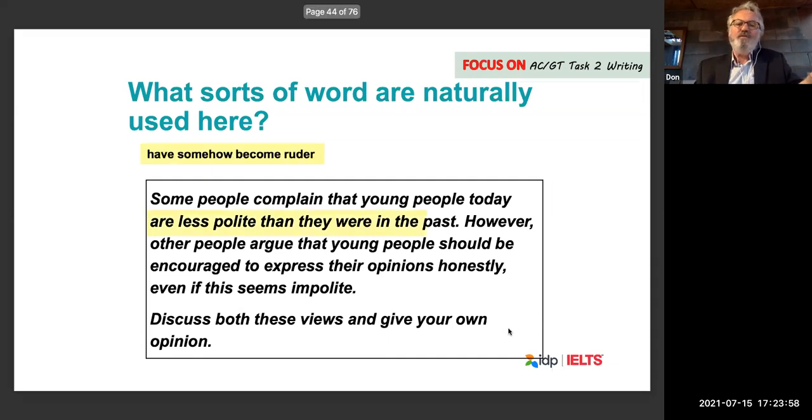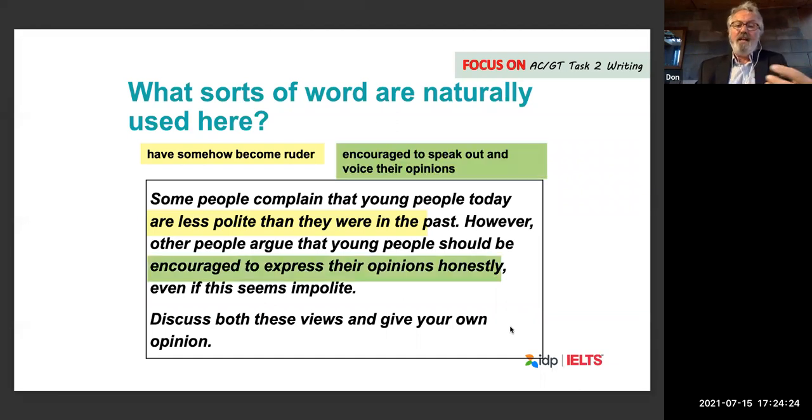So what sorts of words do we use here? Well, instead of saying "they are less polite than they were," maybe they have somehow become ruder. You are showing the examiner here that you have a wide lexical resource. You have words that you can use as you like.